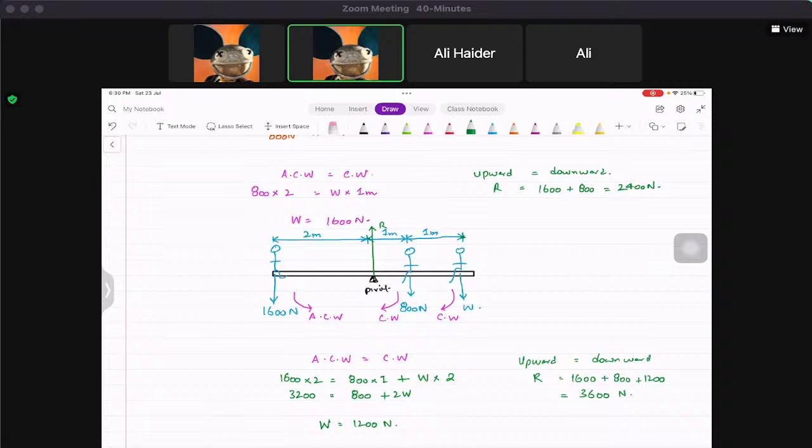So the pivot will be feeling this much force because of all that force that's down. Any questions?